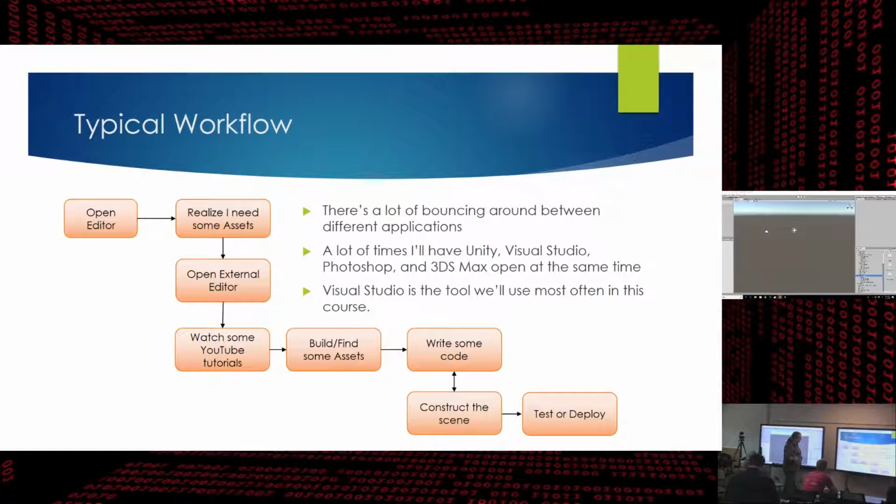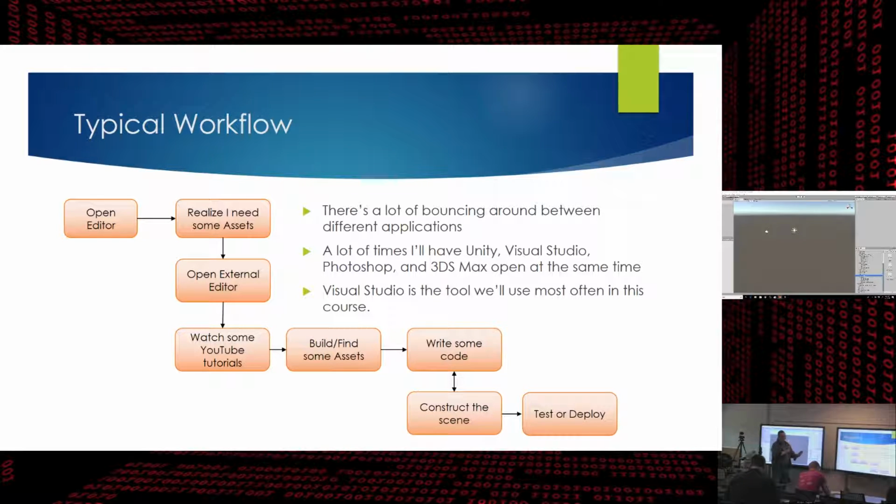This is my typical workflow. I open up the editor, I realize I need some assets, I'll open up an external editor, probably watch some YouTube tutorials, and eventually I'll get around to writing some code, constructing the scene, and then test or deploy it. And then this cycle goes over and over and over.